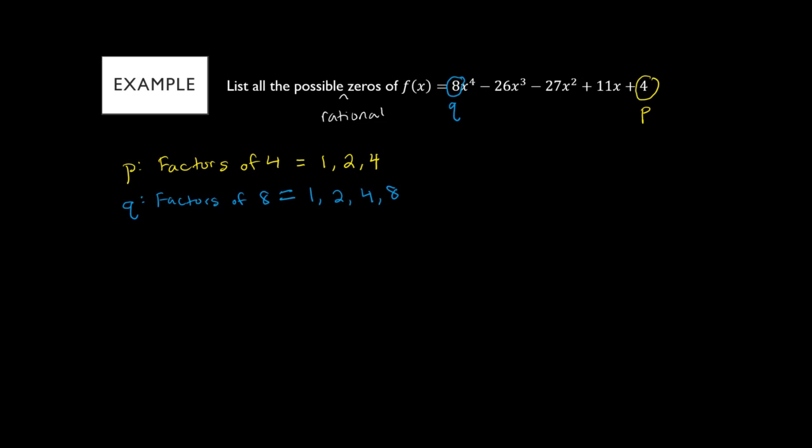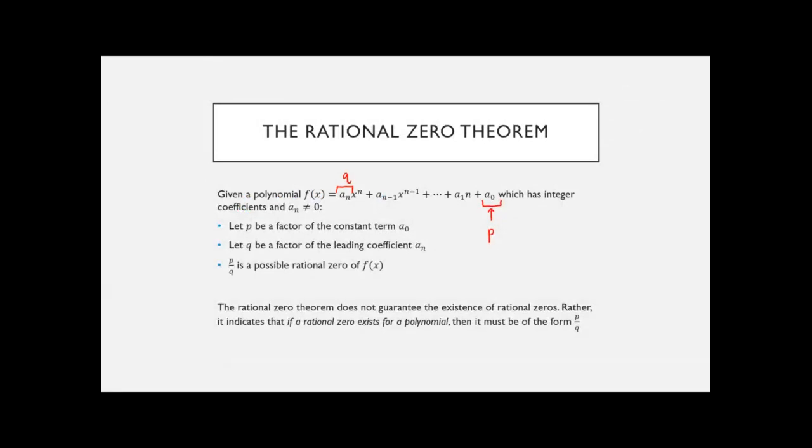And the possible rational zeros are in the form P over Q. And it could be a positive or a negative. That's one thing. It doesn't specify on our theorem here, but we could have a positive P over Q or a negative version of P over Q. So just keep that in mind.